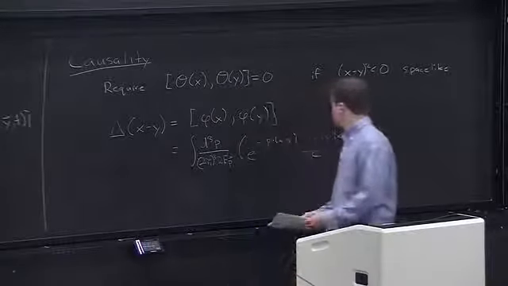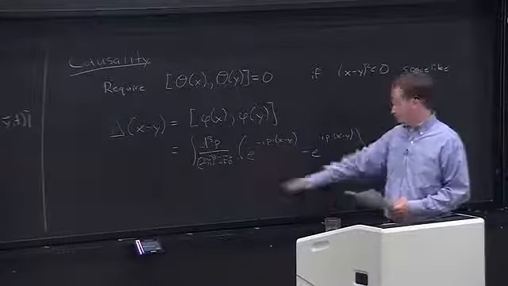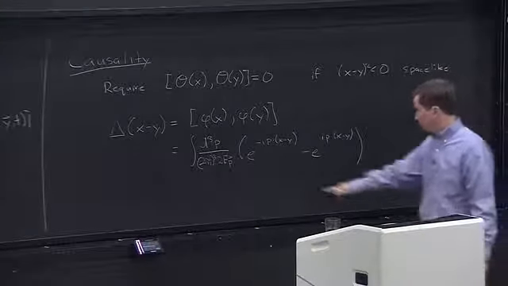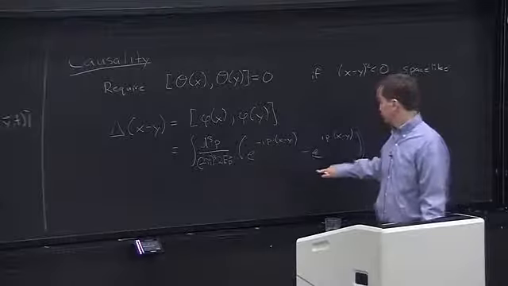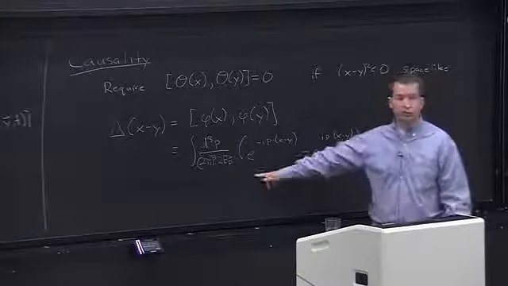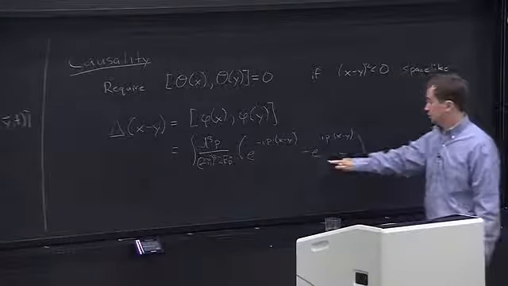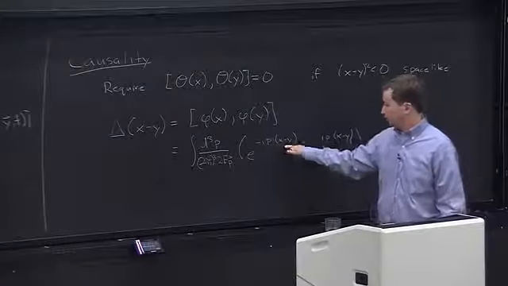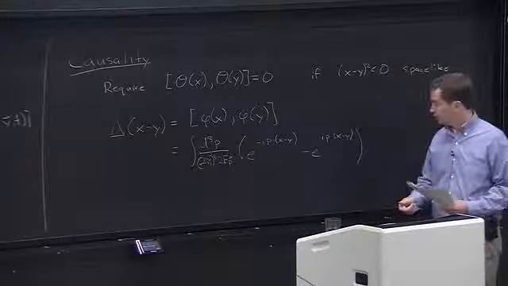So I just want to point out a few things about this result. So first of all, it's Lorentz invariant. Each piece of this expression is Lorentz invariant. We've got Lorentz invariant products in the exponential and a Lorentz invariant measure. So that's good.